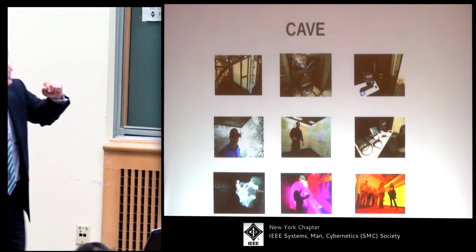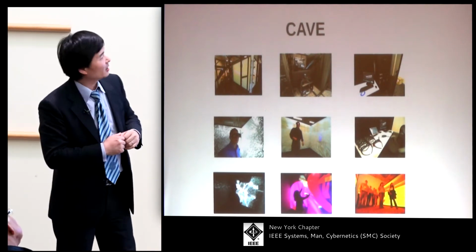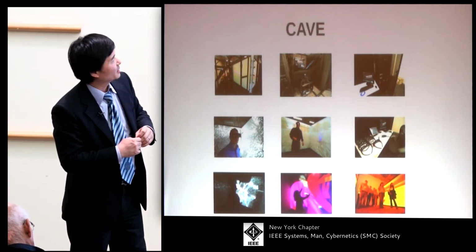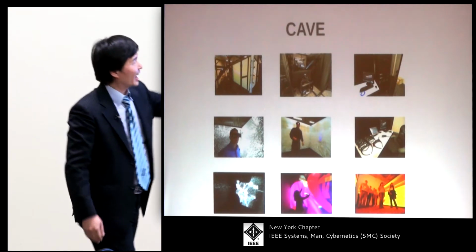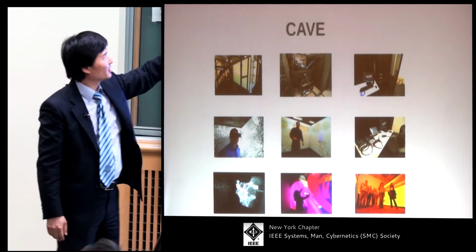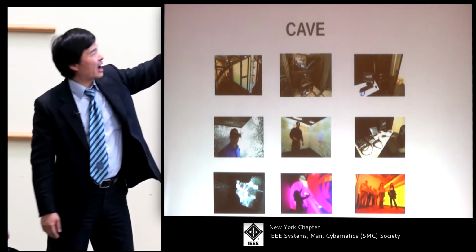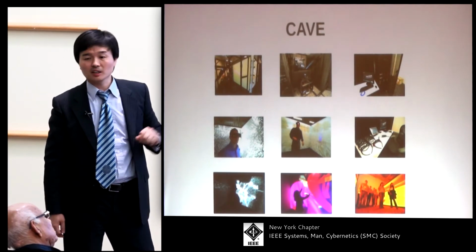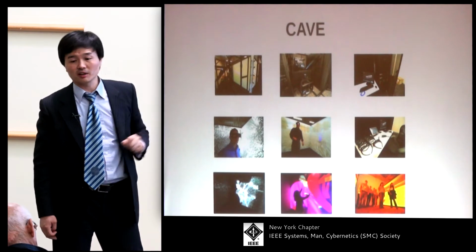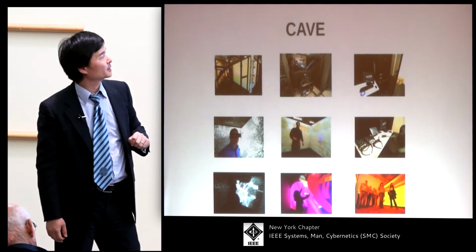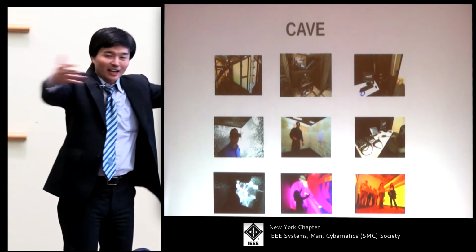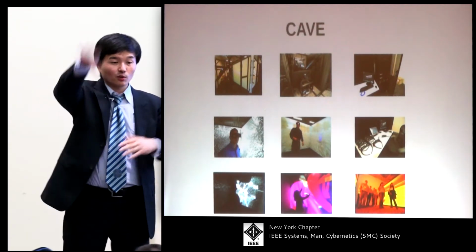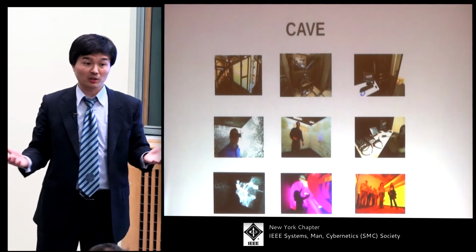So the next system up the chain of this type of virtual environment is the so-called CAVE. CAVE is an acronym for Computer Automated Virtual Environment. So a cave basically looks like a cave, 3-sided or 4-sided, depending on how much money you want to invest in.